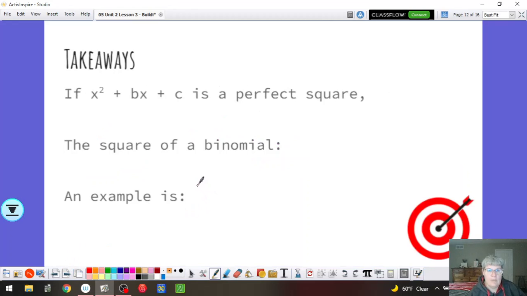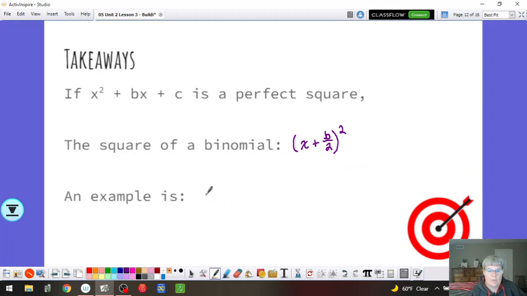So some takeaways: if x squared plus bx plus c is a perfect square, the square of a binomial is going to be x plus b over 2, squared, because we use half of the b value.